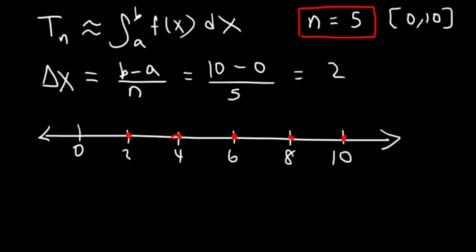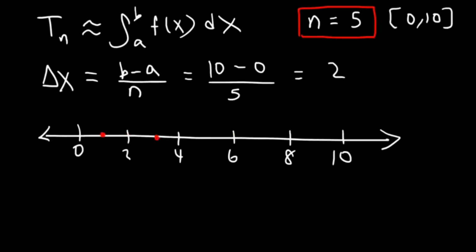Using the right endpoint rule, it's going to be 2, 4, 6, 8, 10. And if you are employing the midpoint rule, you would simply pick the points in the middle, like 1, 3, 5, 7, and 9.